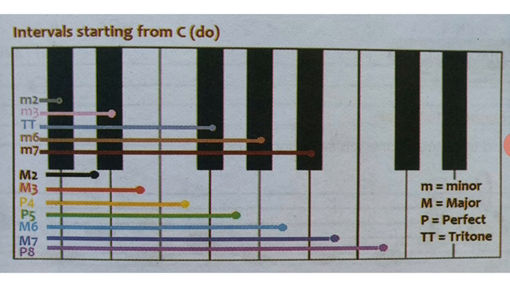So these are the illustrations on the piano keyboard. So small letter M for minor, big letter M for major, P for perfect, and TT for tritone.